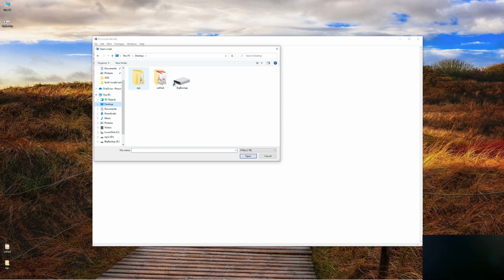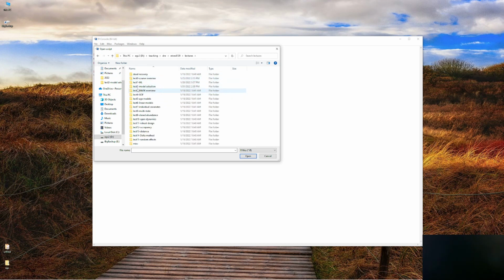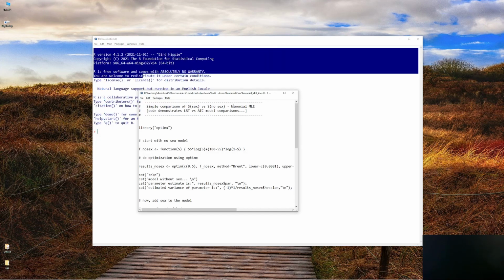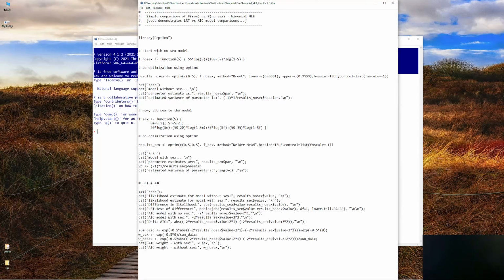So this is a script that I will have sent you or will send you, and so just let me get into that. All right, so lectures, and here we are in lecture 2, and here's our code, here's our example demo, here's our binomial. So binomial sex problem. So there it is. And let me just have a quick look at this. Okay. So once again, we need to do some optimization.